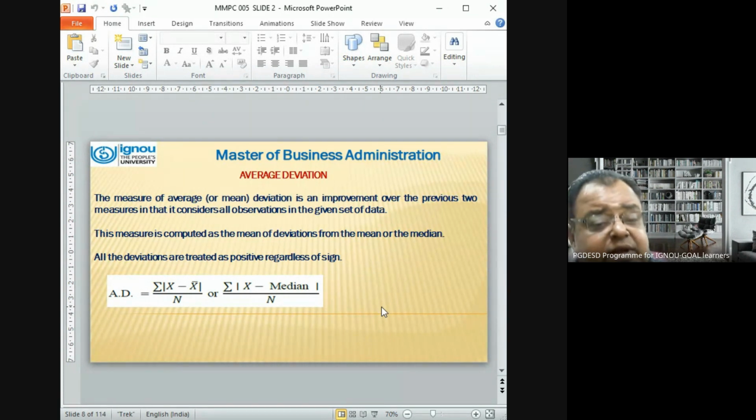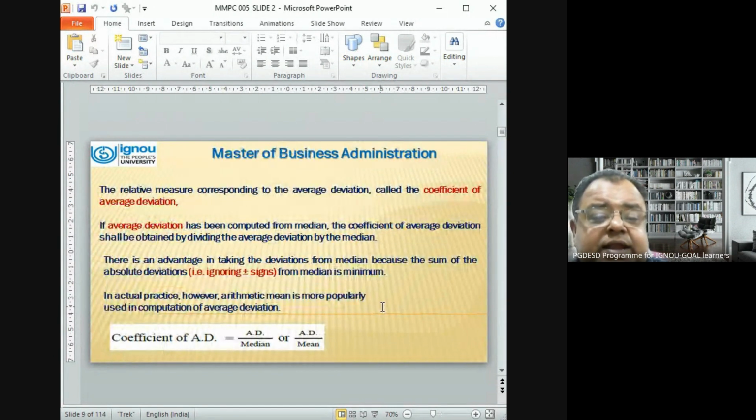This is deviation from mean. And if it is the deviation from median, that will be summation of mod of x minus median divided by the number of observations. The relative measure corresponding to the average deviation is called coefficient of average deviation.